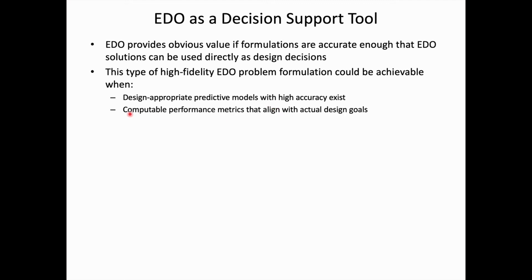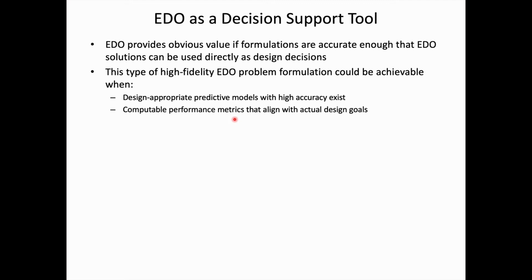Another is that we need computable performance metrics that align with actual design goals. If we have, for example, a design goal of profit, working at a for-profit company, can we define some metrics that are actually computable, whereas an accurate prediction of profit is not going to be computable?